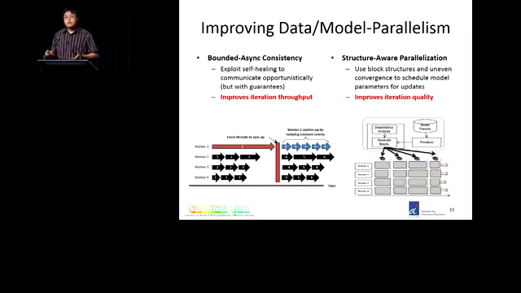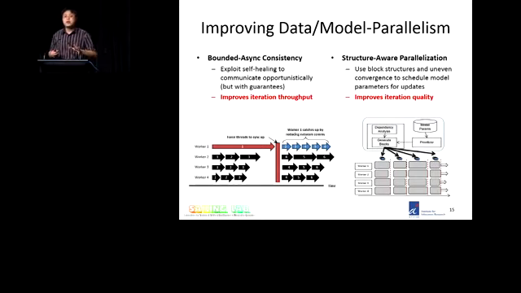The idea is that you want to exploit this self-healing or robustness to noise property to communicate in an opportunistic manner, but with a certain amount of guarantee that is enforced by the fact that there's a staleness bound on it. The other type of system in Petuum relies on something we're calling structure-aware parallelization, which is to use the block structures that I talked about, as well as the uneven convergence, to schedule these model parameters for updates in a different but more efficient manner.